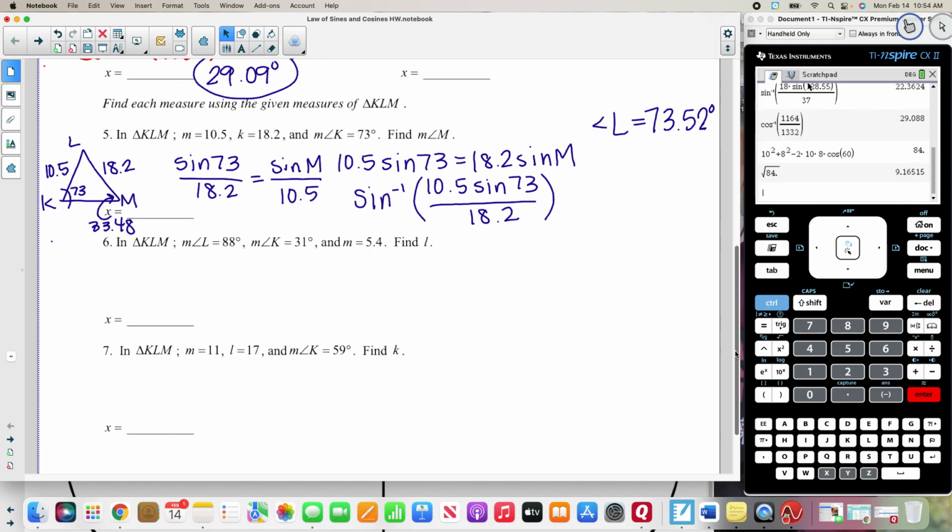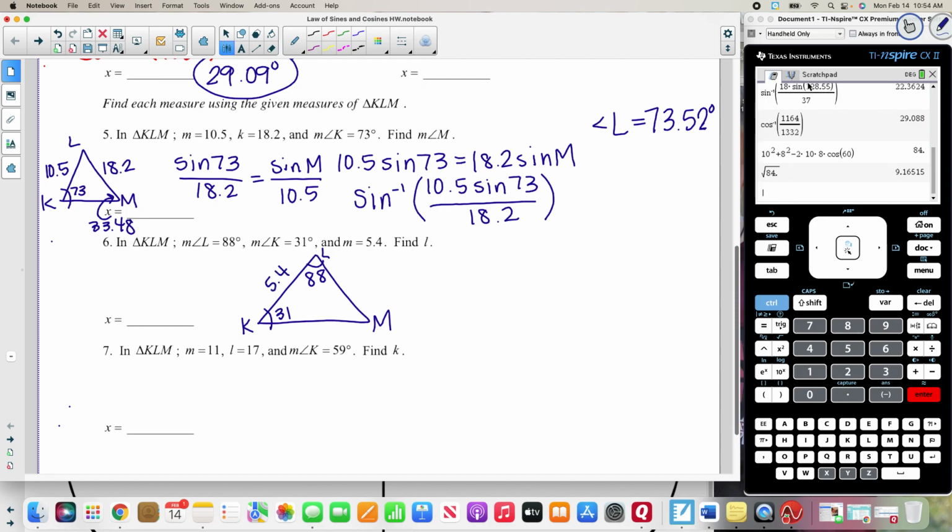Okay, for number 6, are we using law of sines or law of cosines? Law of sines. So I'm drawing my picture here. K, L, M. This is 31. This is 88. And this is 5.4.